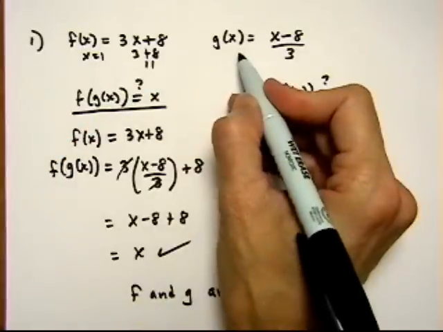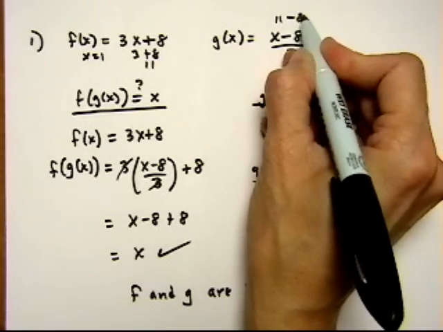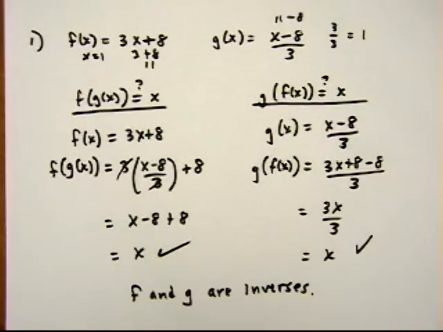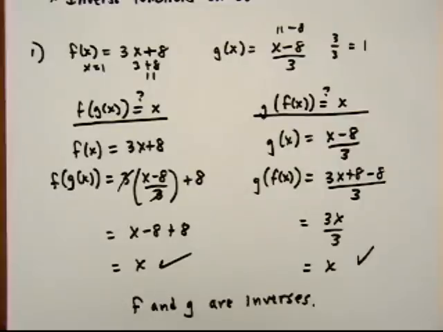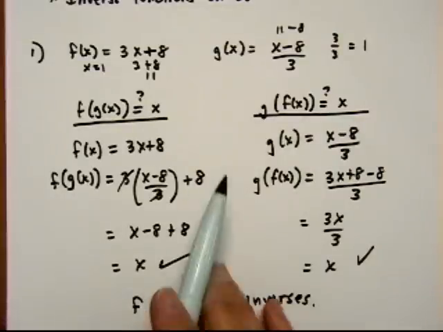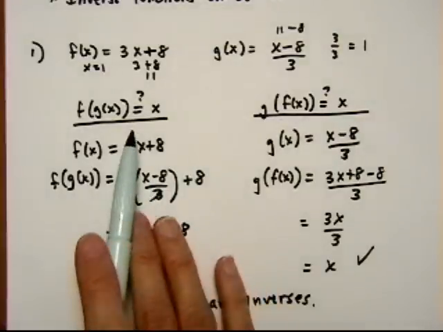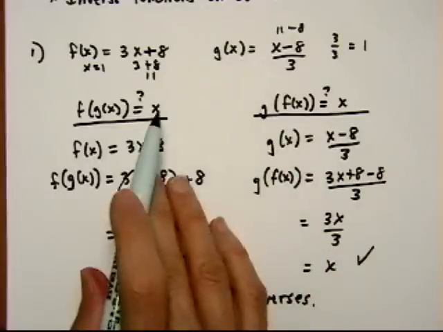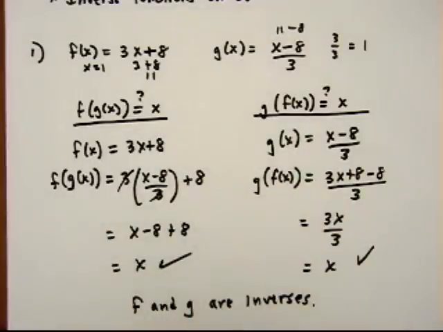So if I put in 11 now, I get (11 minus 8) over 3, which is 3 over 3, equals 1. So you can play around with numbers just to really get a feel for what's happening with the inverse functions. But to really determine if two functions are inverses, you want to do out this algebraic verification that you do get x back again in both cases.